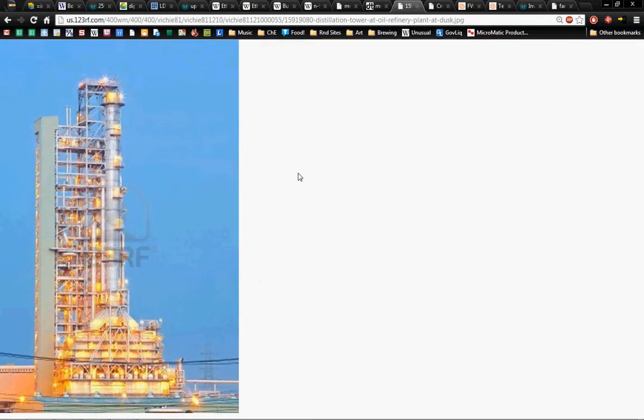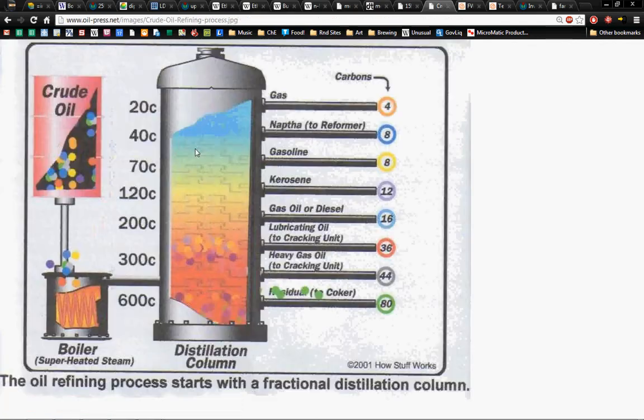So more beautiful distillations tend to be found in the oil industry. In the oil industry, you've got crude oil, which is made up of carbon chains like methane that we just talked about, like gasoline, and essentially they distill it, but they have all these different points at which they pull off different things.